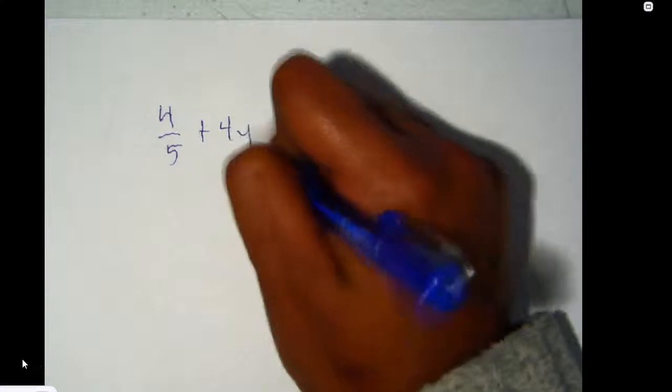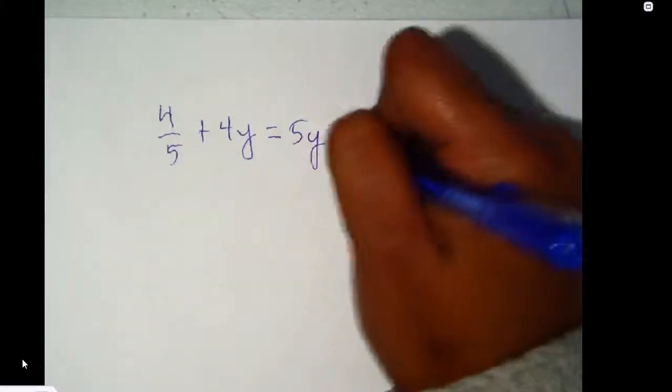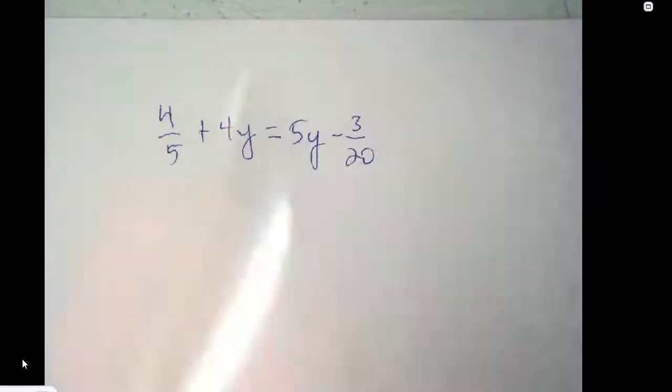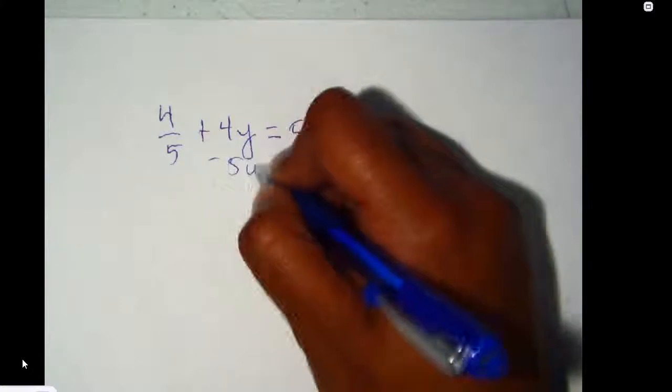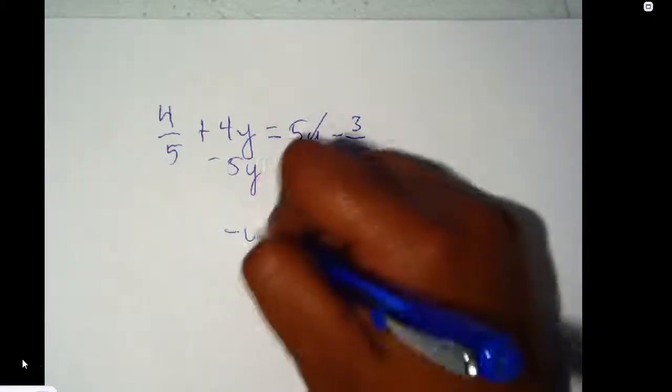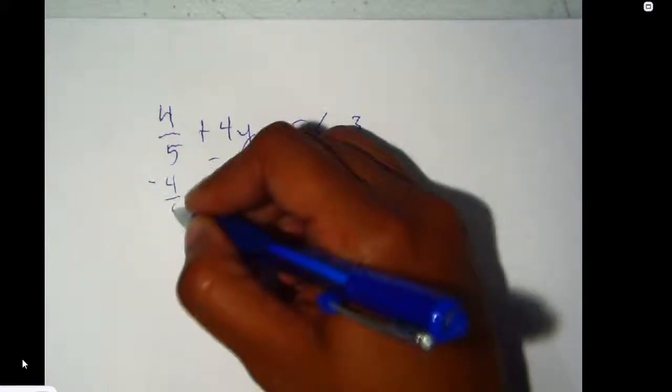For number 15, we have 4/5 plus 4y equals 5y minus 3 over 20. Okay, so I always say letters to the left, numbers to the right. So I'm going to subtract 5y. So negative y is equal to, and then we're going to subtract 4/5.